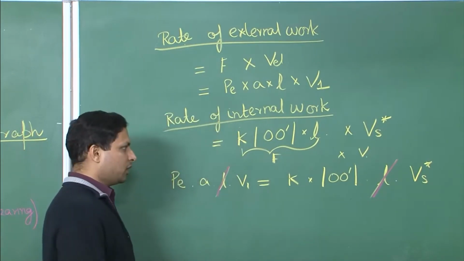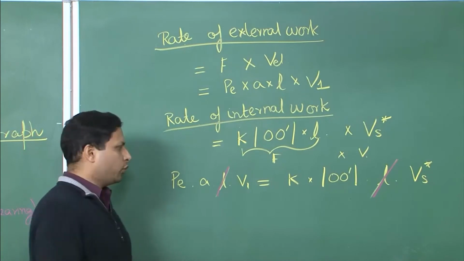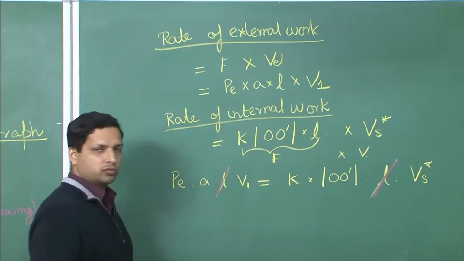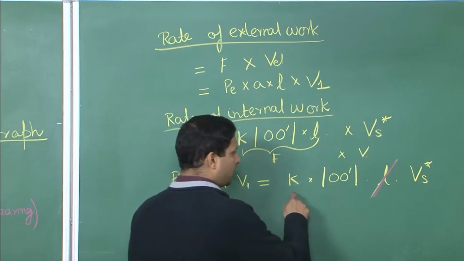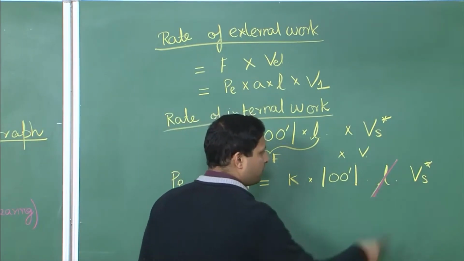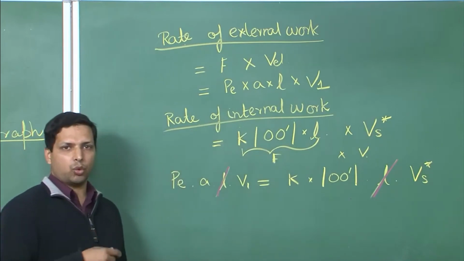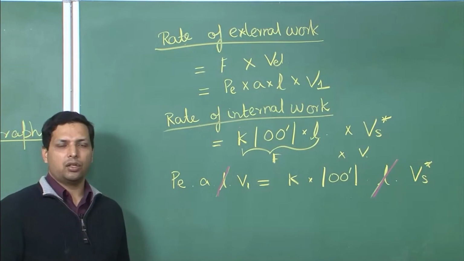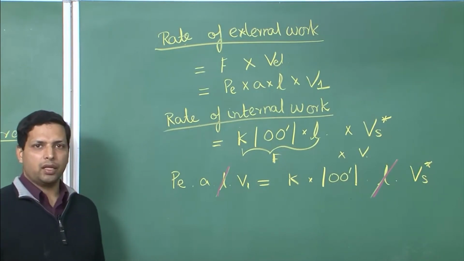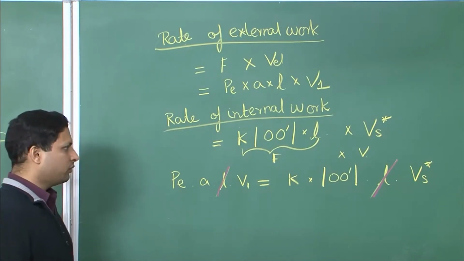In the next few examples that we will consider, we will only take P A V1 over here, and over here all the dimensions that we see on the plane of the board. The third direction we know will exist, but it will get automatically cancelled out when we equate rate of internal work to rate of external work.